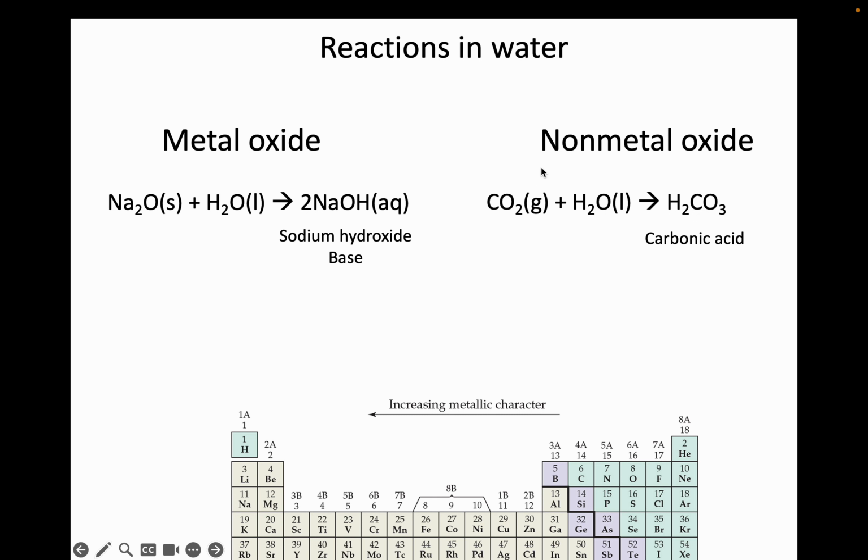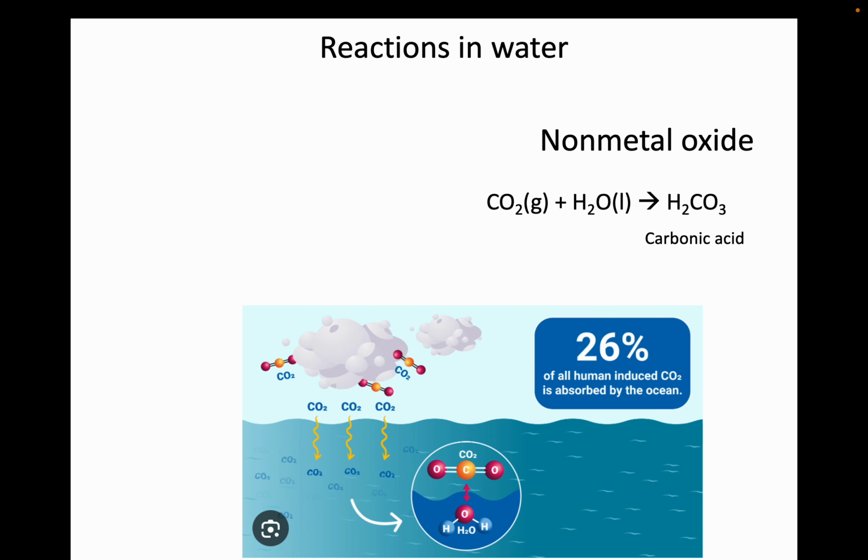How about non-metal oxides? Let's consider carbon dioxide. That's a nonmetal oxide. It reacts with water and it forms carbonic acid. That's a weak acid we've seen before. Now, this chemistry involving the formation of carbonic acid is hugely important on our planet.